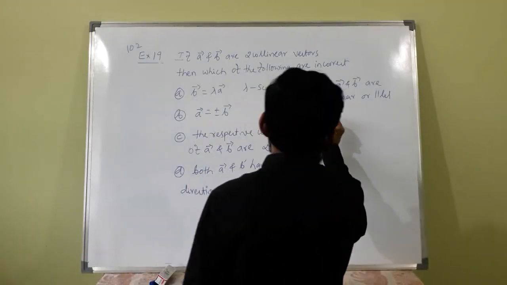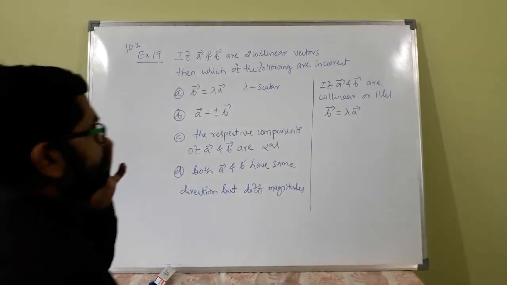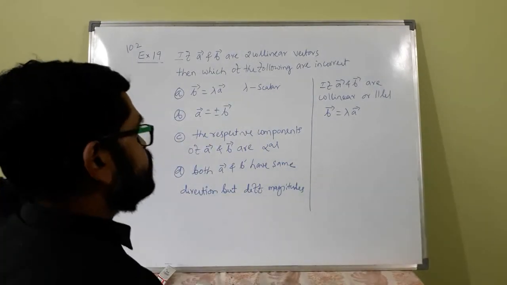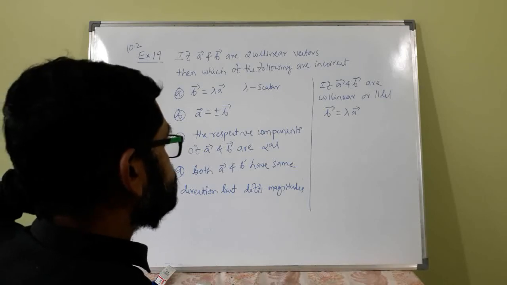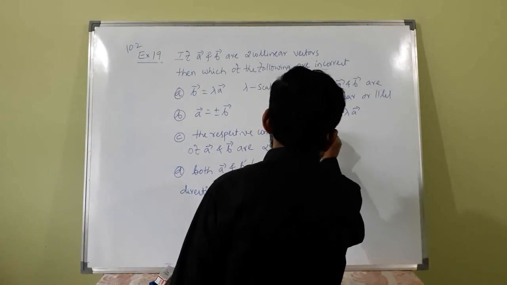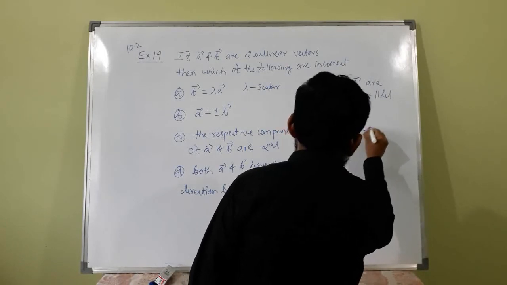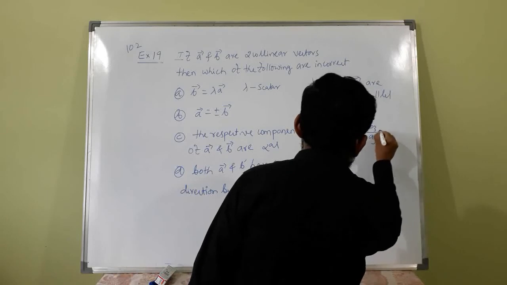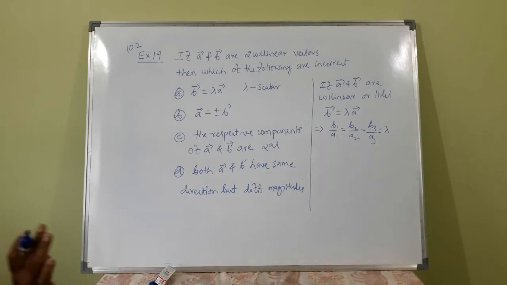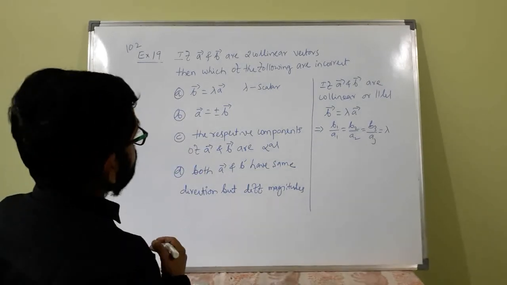Then B is equal to lambda A, or A is equal to lambda B. That means the components of A and B respectively are proportional. That is B1 by A1, B2 by A2, B3 by A3 is lambda. This is the condition. This is the knowledge required to check whether these are true or false.